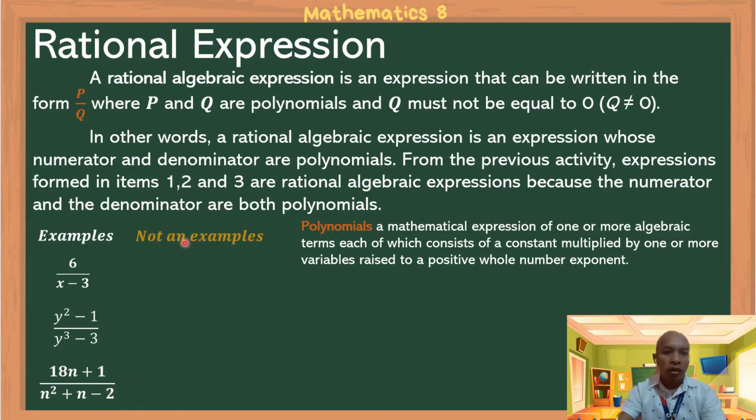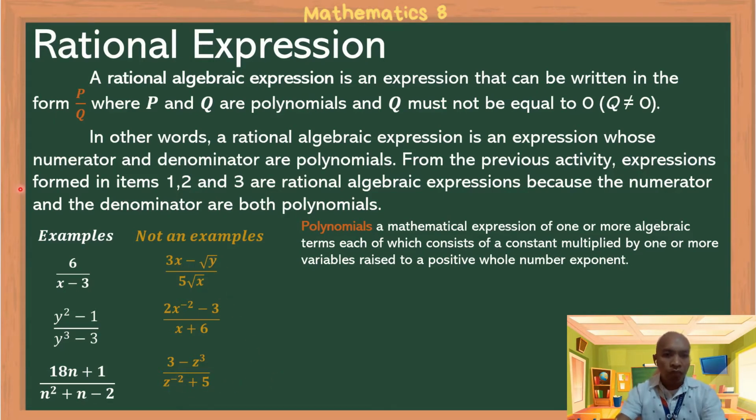In contrary, these are not examples of rational algebraic expression. 3x minus square root of y all over 5 times square root of x. 2x raised to negative 2 minus 3 all over x plus 6. Thirdly, we have 3 minus z raised to the power of positive 3 all over z raised to negative 2 plus 5.